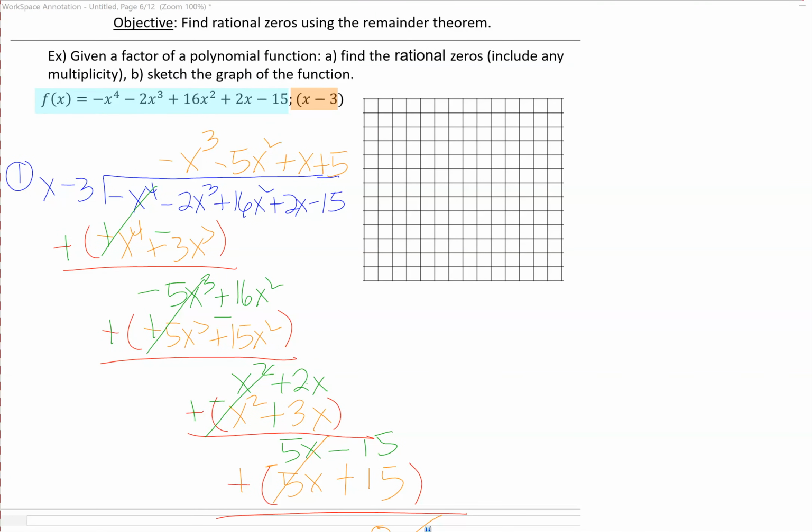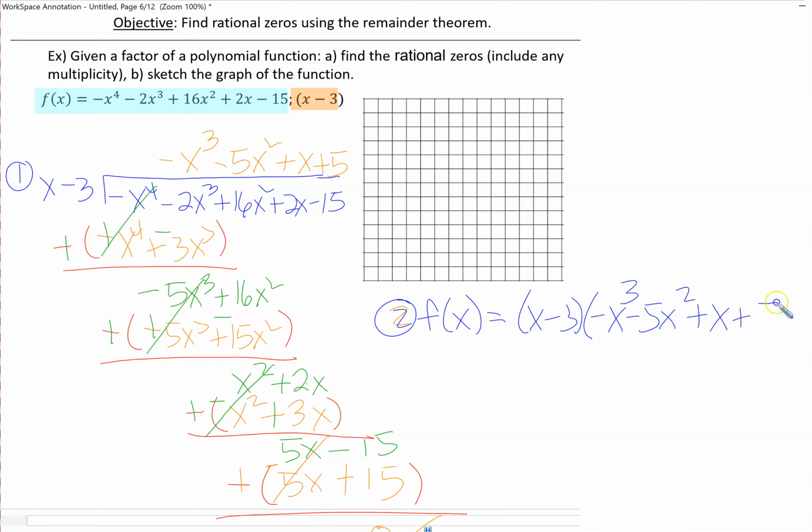So we are now going to write our function as a product of factors. Those factors would be, after our division, our divisor and our quotient. So our function now is x minus 3 times our quotient of negative x cubed minus 5x squared plus x plus 5.